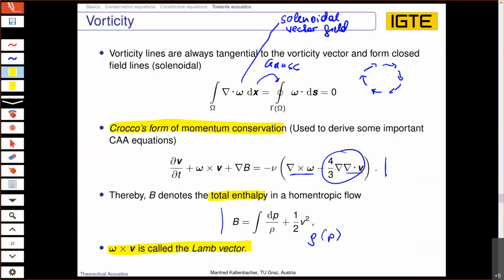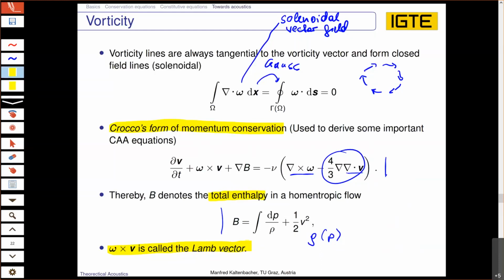Did you already have in some courses a discussion about this Lamb vector? It is not so typical, I would say, in a classical course in fluid dynamics, but when you also discuss a little bit towards acoustics, that is an important quantity.